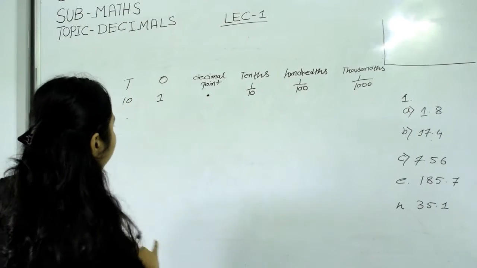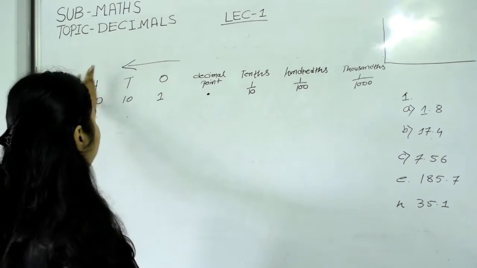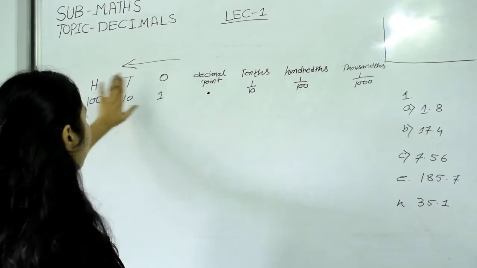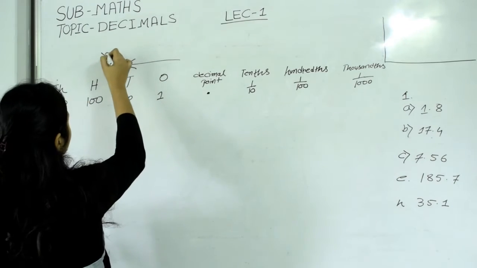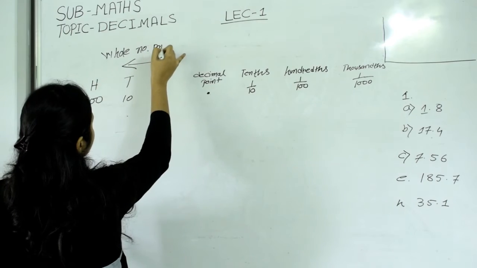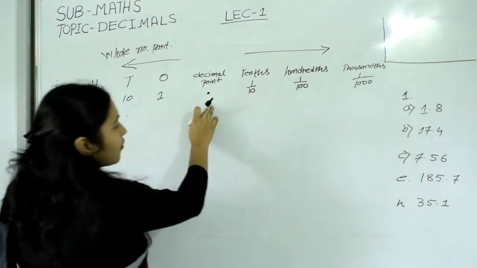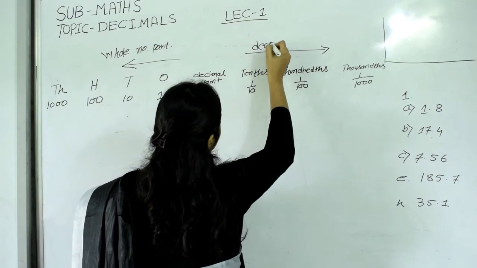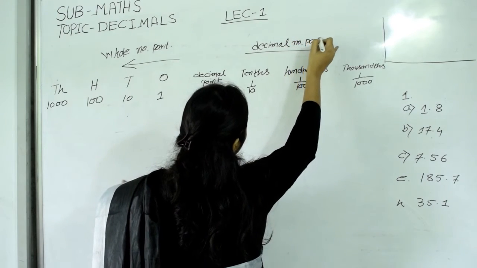Okay, now this side of the decimal point is the whole number part, and this part is our decimal number part.